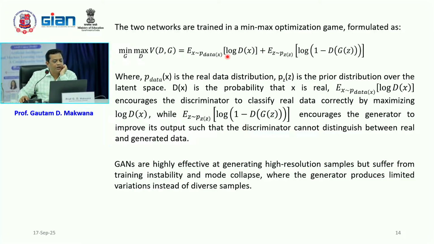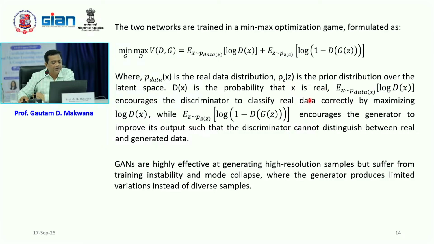So these two networks are trained with a minimax optimization game, and this is given by this equation: minimum over G and maximum over D of this logarithmic equation. P data of X is the real data distribution, and there is a prior distribution over the latent space.